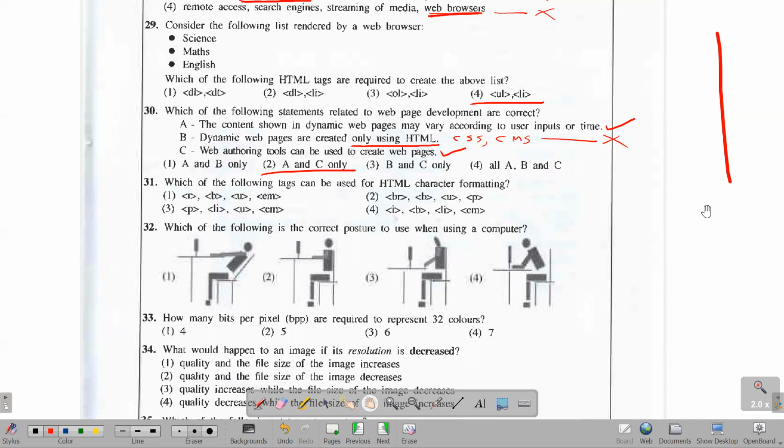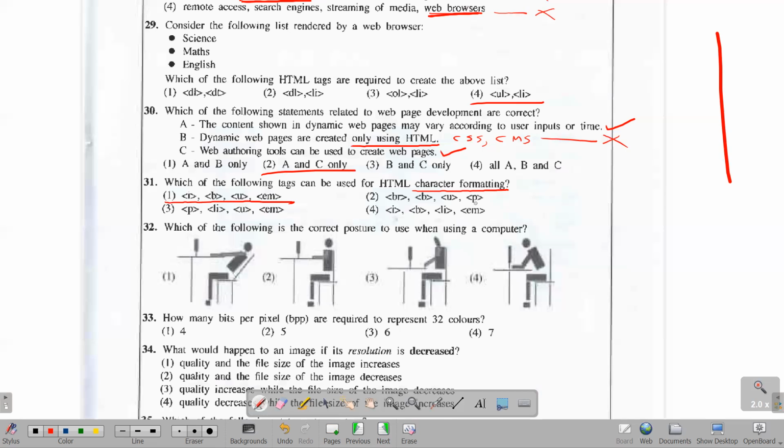Which of the following tags can be used for HTML character formatting? It's asking about character formatting. So I, B, U, and EM are there. That means italic, bold, underline, emphasize. So everything depends on the characters. Yes. So of course, one should be the answer.